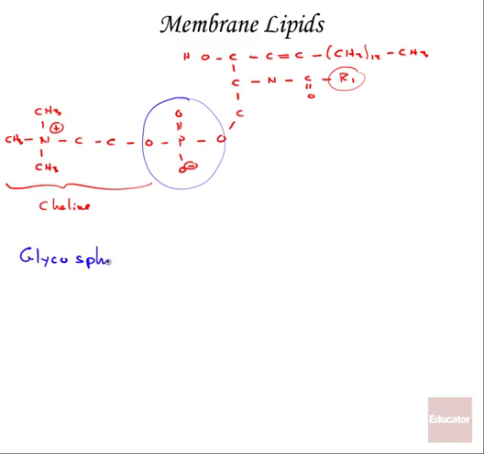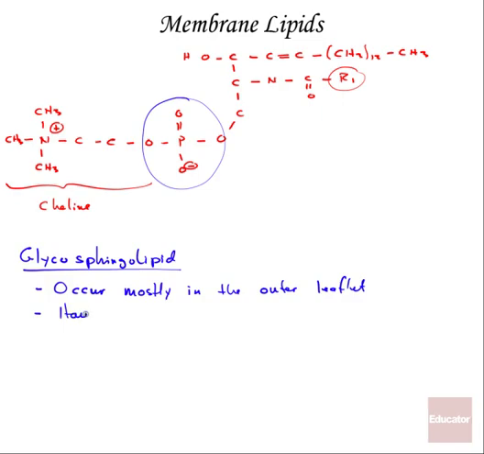Glycosphingolipid. Okay. Now, a couple of things. These occur mostly in the outer leaflet of a membrane bilayer.